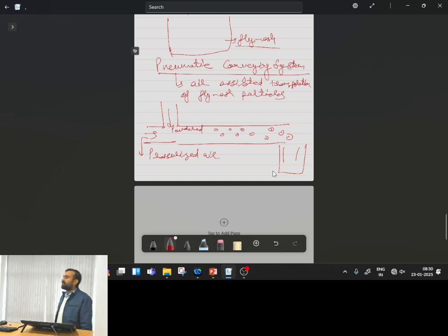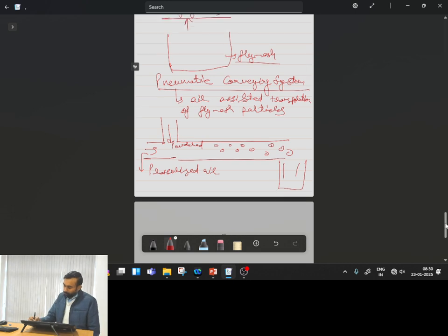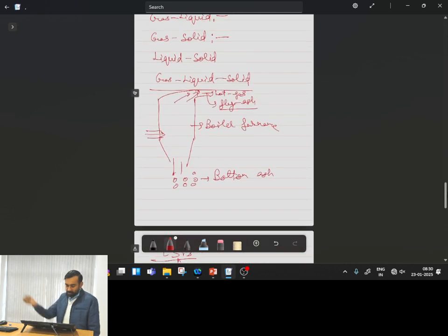And sometimes nowadays this ash is also used in brick making. Okay, so those who have had a visit to some power plant can understand this system, that this is how coal based thermal power plants actually operate.